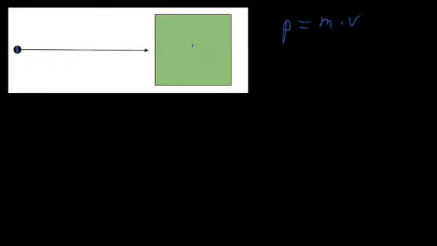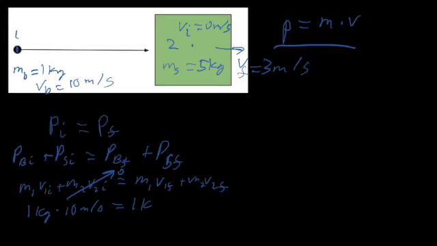Now let's give a few values to this problem to help it make sense. We're going to say that the mass of the ball is equal to 1 kilogram. And the mass of the box, or actually, let's call it a square, the mass of the square equals 5 kilograms. We can also say that this ball starts off with a velocity of 10 meters per second.